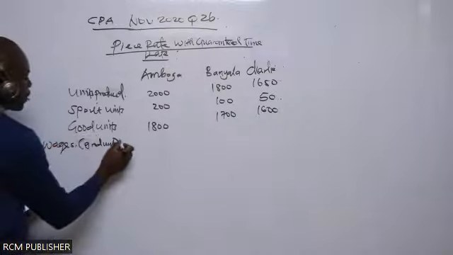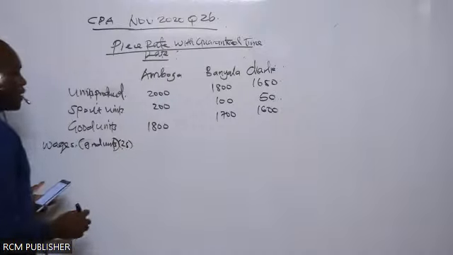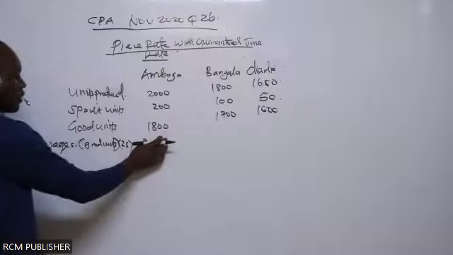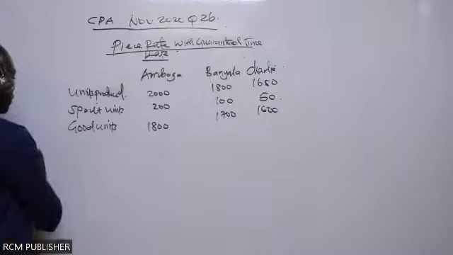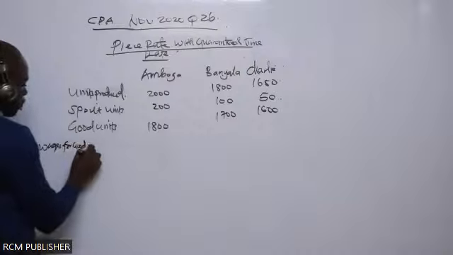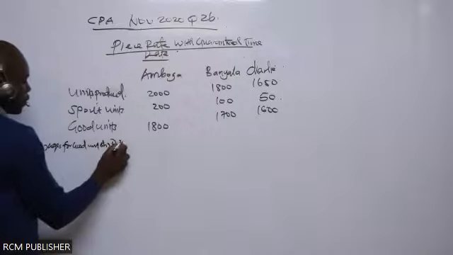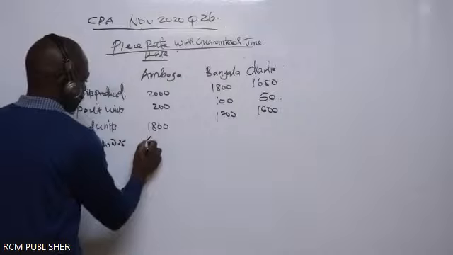So can someone give us the amount they are going to receive? Good units in shillings, each at 25 shillings. So what are we going to have? 45,000.